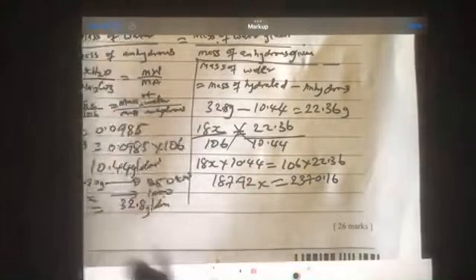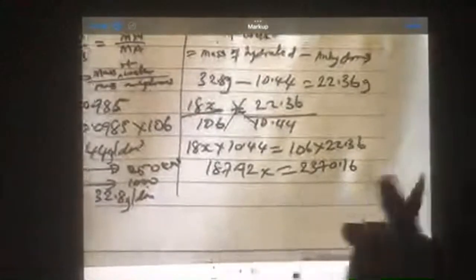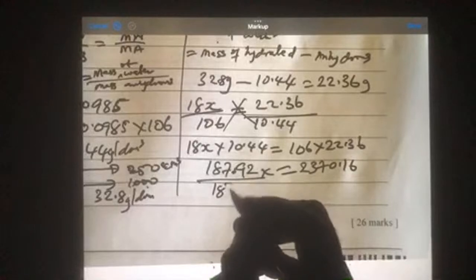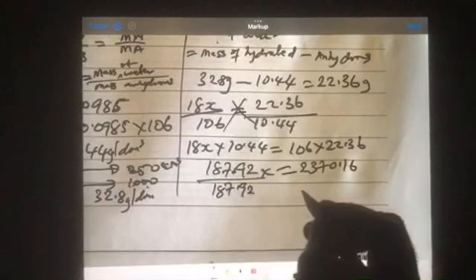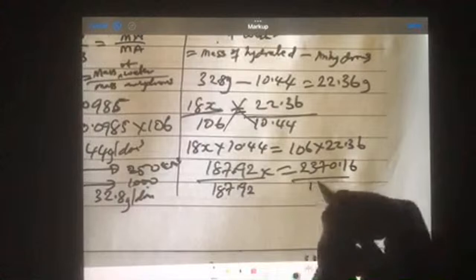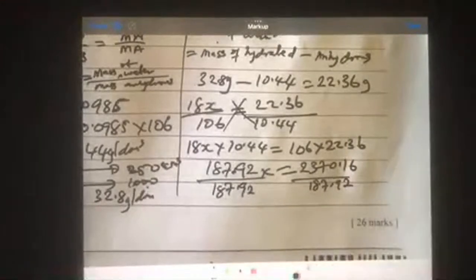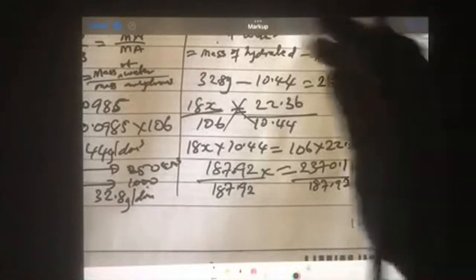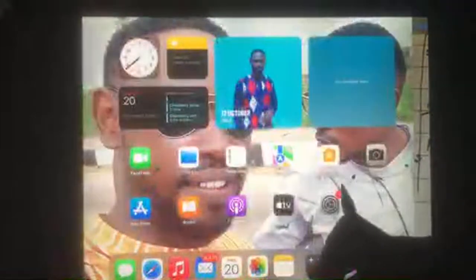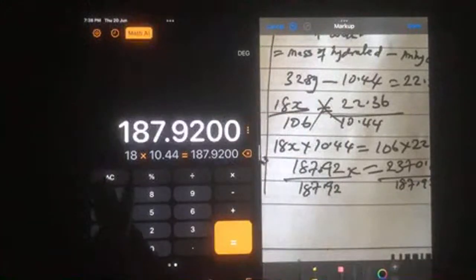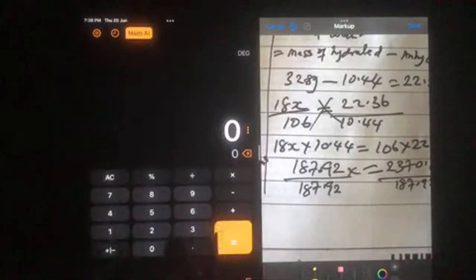So that x alone now is 2370.16 divided by 187.92. Maybe I should divide this so that it will be easier for me.